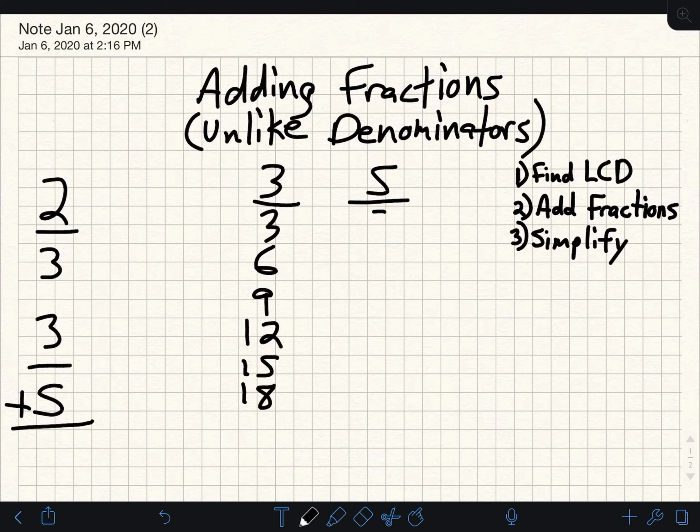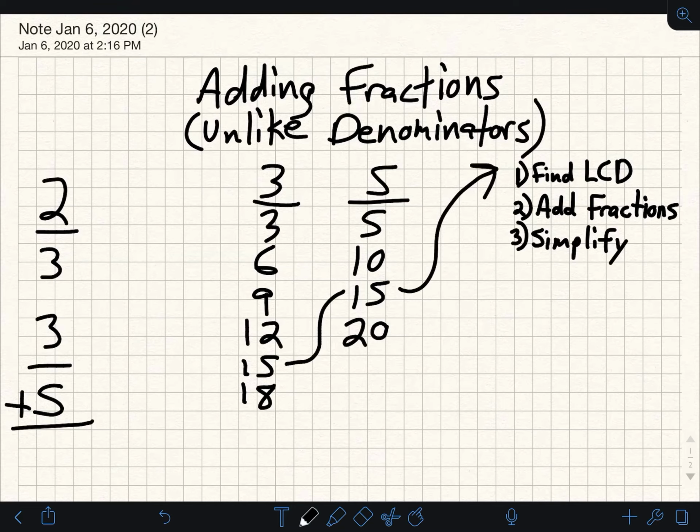And for 5, I have 5, 10, 15, 20. Oh, but then I see that I have a 15 in each column. So 15 is going to be my least common denominator. So I need to get both these denominators to equal 15.